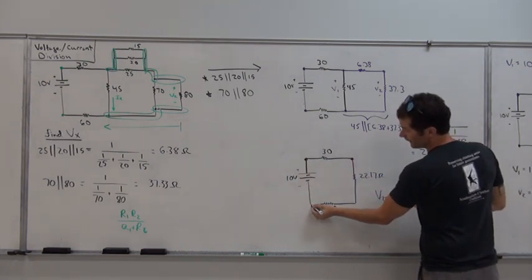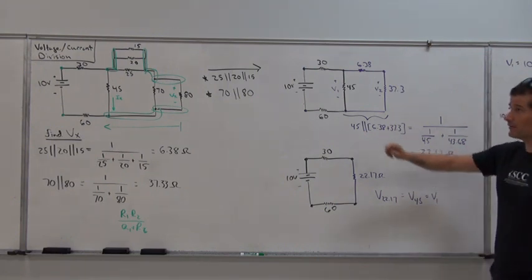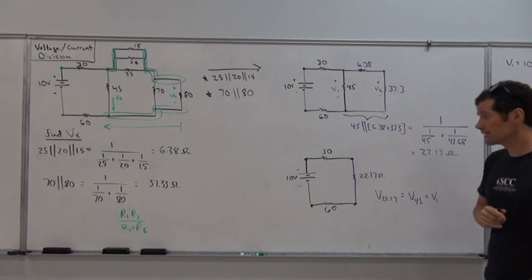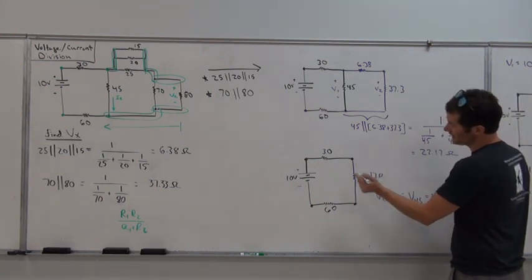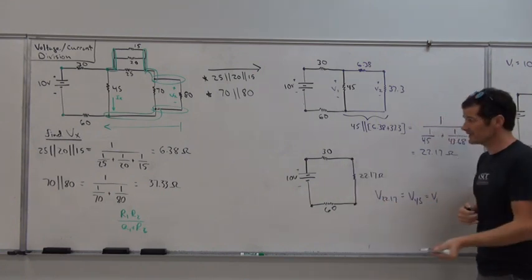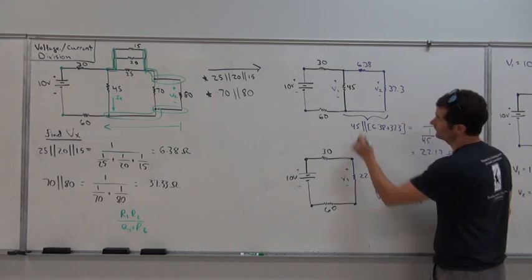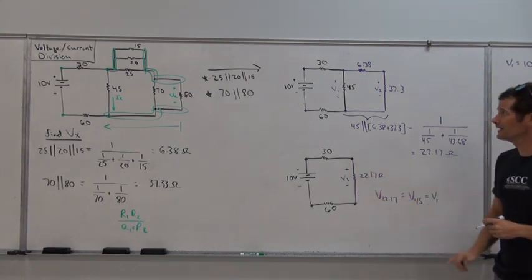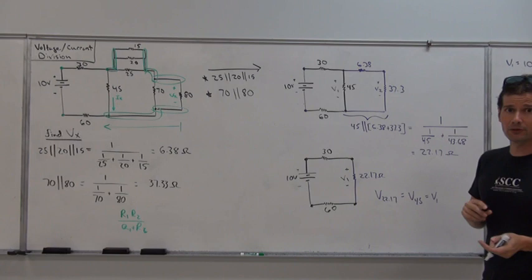Taking that 45 ohm resistor and combining that in parallel with the series relationship of 6.38 ohms and 37.33 gave us an equivalent resistance of 22.17, and that exists between these 2 points. And that means that the same voltage of V1 that we defined right here between those 2 points is also the same as the voltage across the 45 ohm resistor.